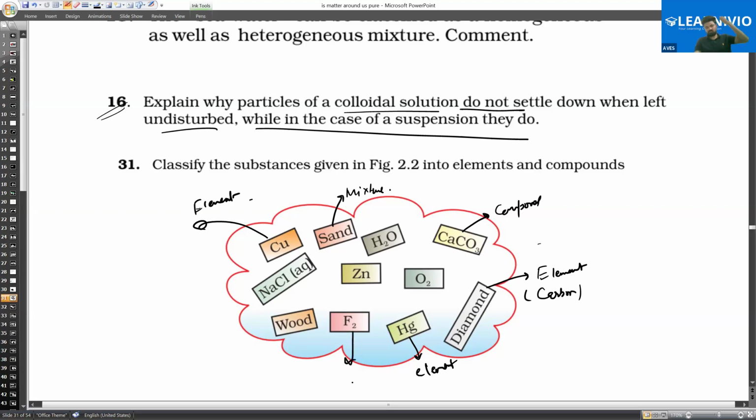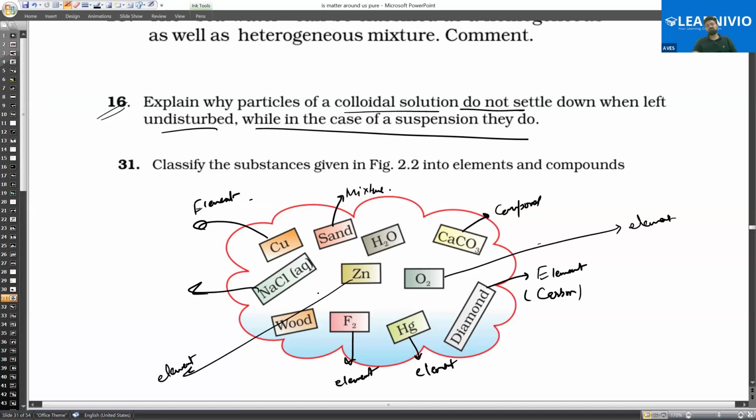F2, element. Yes, it is an element. O2, element. Zinc, element. Okay, it is an element.